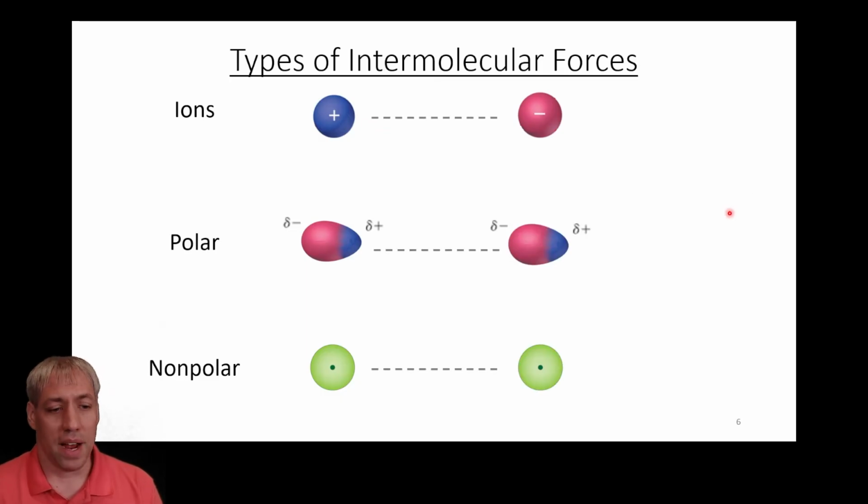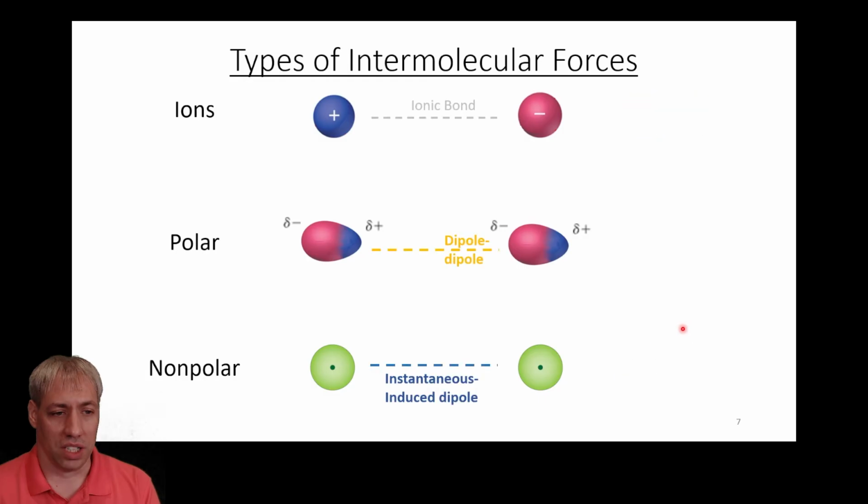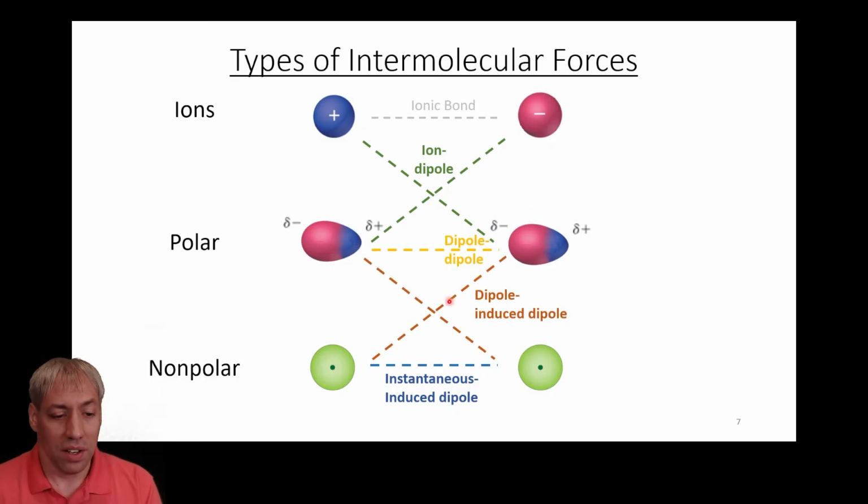And so when you do the math on the number of ways things interact, ions can interact with ions, polar with polar, nonpolar with nonpolar, but also you can mix and match these interactions. And so you can have something called instantaneous induced dipole, you can have dipole-dipole, you can have an ionic bond, but you can also have an ion interacting with the dipole, or a negative charge interacting with positive. You can also have a polar interacting with a nonpolar, giving you these dipole-induced dipole bonds.